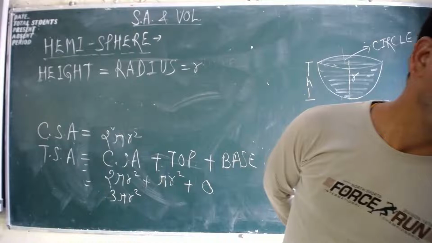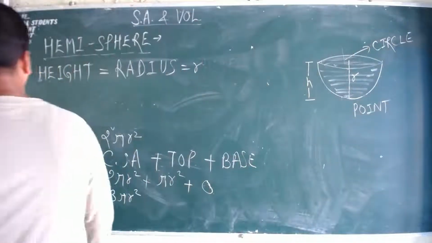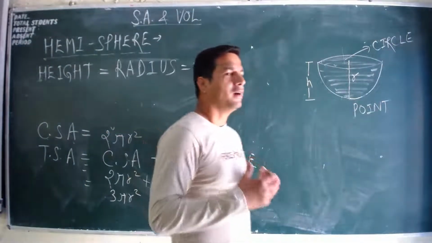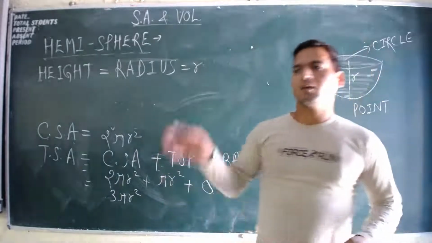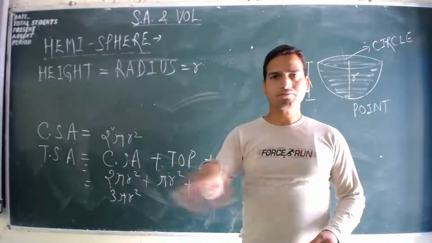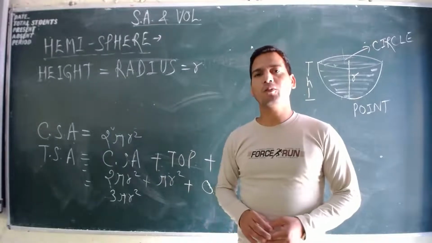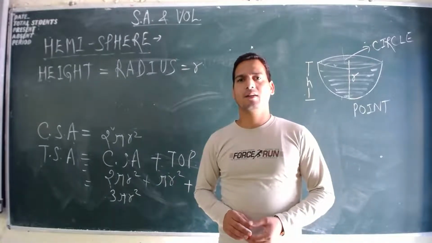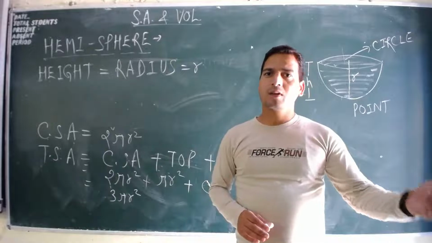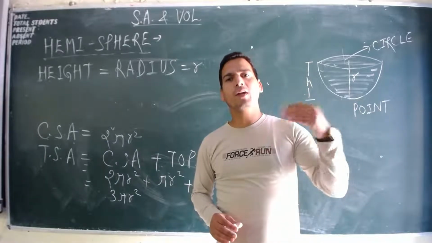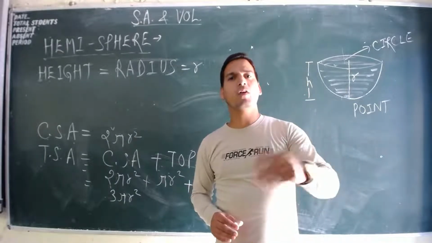Now again, next topic. What happens when you finish the chapter on surface area and volume? You may get puzzled. You confuse the formula of area with the formula of volume.